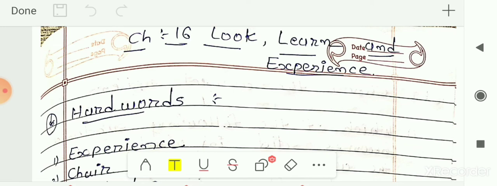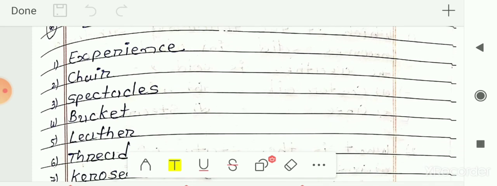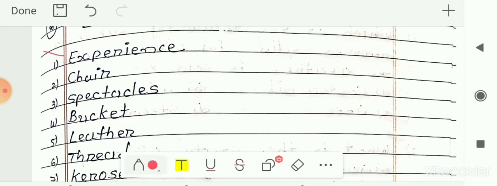Before starting the exercise, the hard words for this chapter are given to you. First you have to write the hard words. The first one is experience. The spelling is given to you: EXPERIENCE, experience. Second is chair, CHAIR, chair. Third is spectacles, SPECTACLES, spectacles.